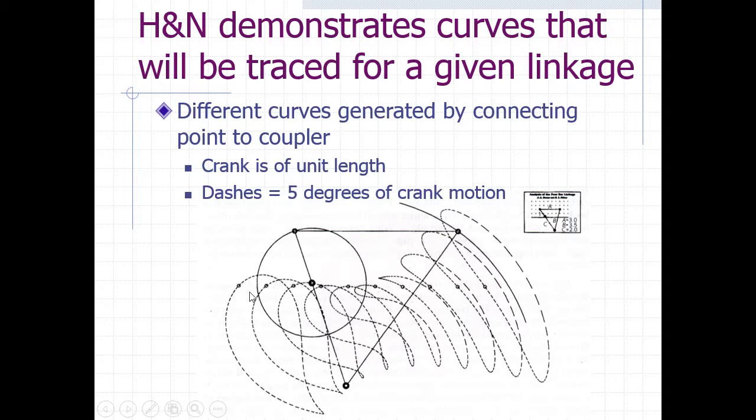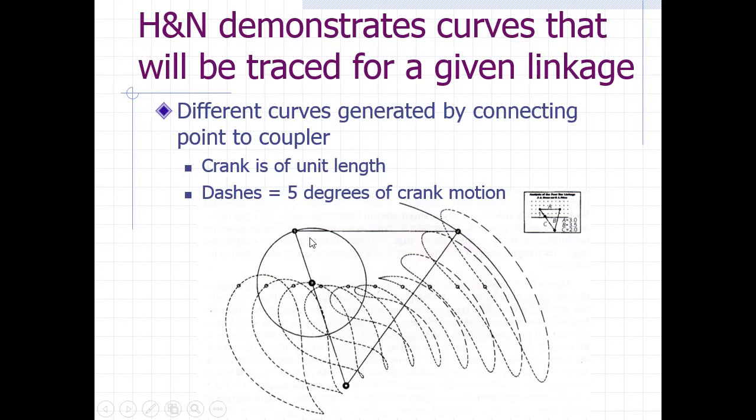Notice our crank follows this particular path, and if we want to trace out a particular coupler curve that we see here, of which I believe there will be 10 different coupler curves, we simply need to put this point here on our coupler. So if we wanted to trace out, for example, this curve, which is shaped kind of like a banana, we'd simply take our coupler, and instead of having it be just a straight line, we'd make it a triangle.